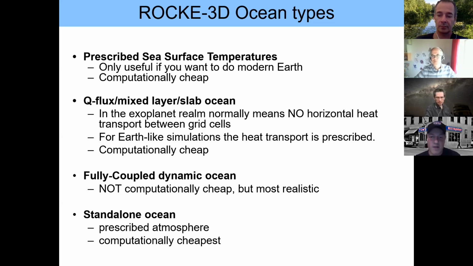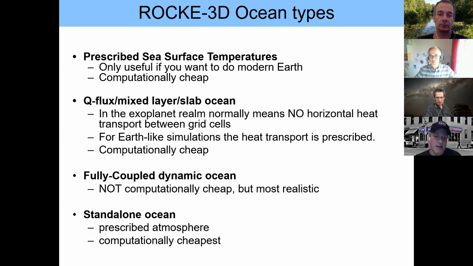Now, if you want to get the most realistic run for a rocky planet with both an atmosphere and an ocean, you're going to have to run the fully coupled version of ROCKE-3D with a fully dynamic ocean.